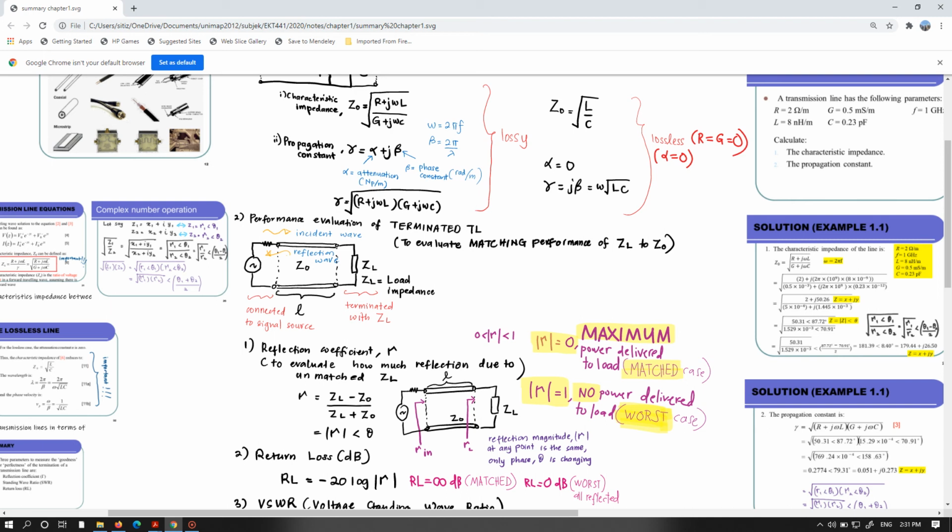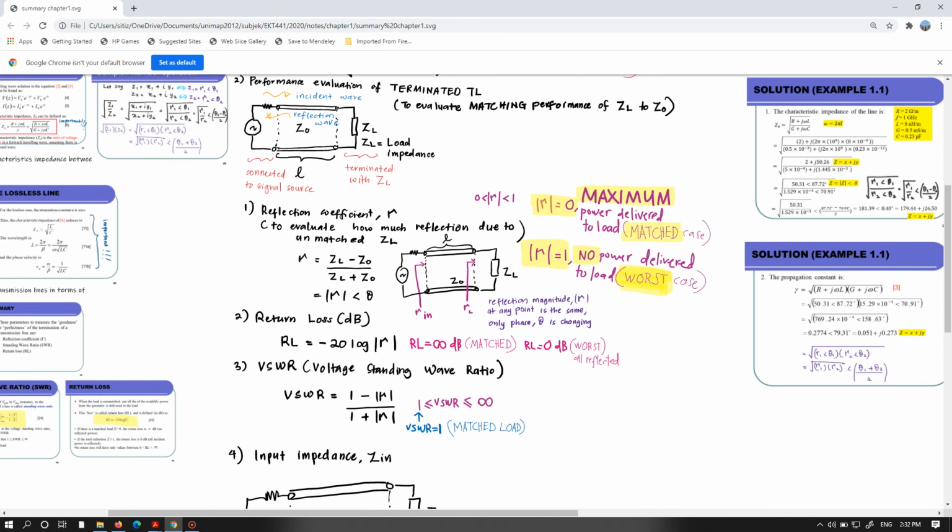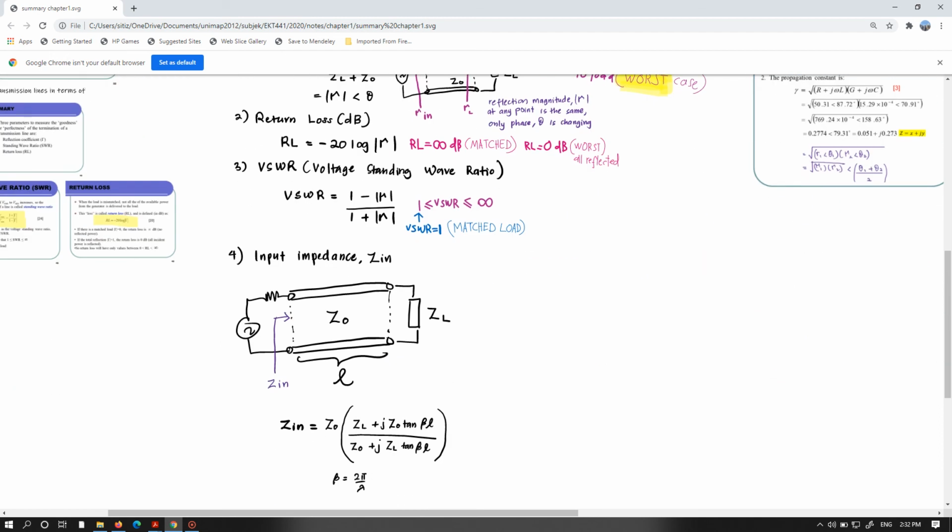So you have to evaluate how much reflection the load will cause when connected to Z0. How are you going to evaluate that? There are three parameters: reflection coefficient, return loss, and VSWR. Zin is for you to see how much the mismatch is. Then from the values of Zin, you can use this to design your matching network.